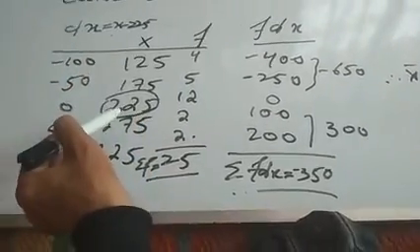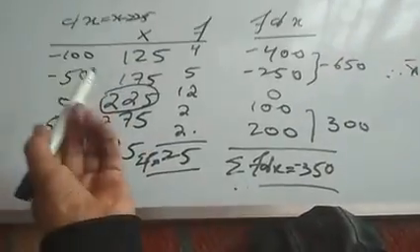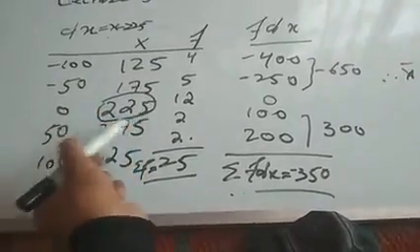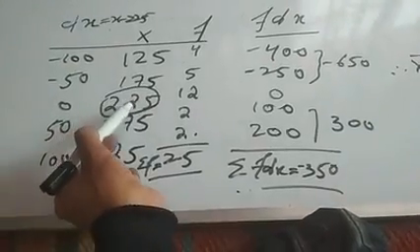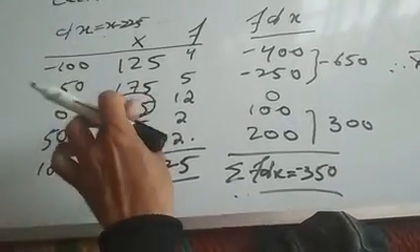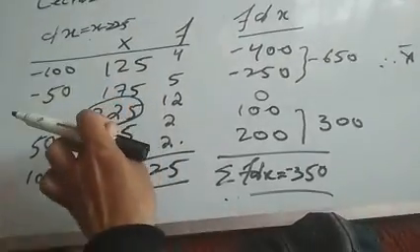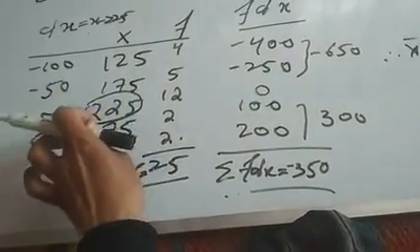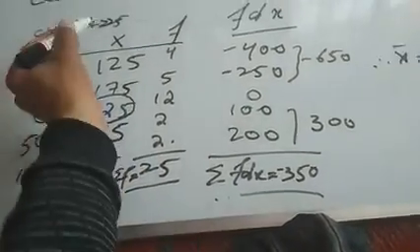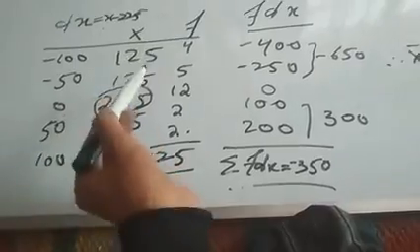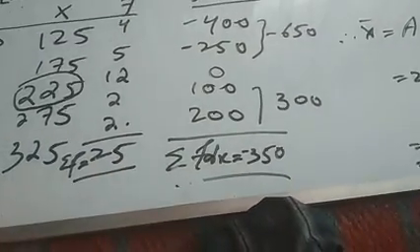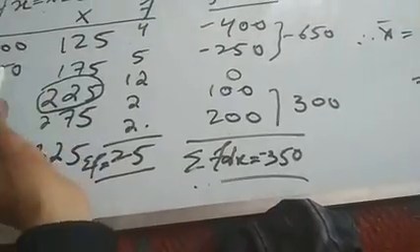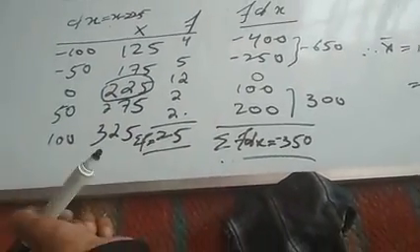You can also assume it outside x, but it will make your calculation easy if you assume the central one. I have assumed 225. So 225 minus 125, 225 minus 150, and in the same way I found this dx column.